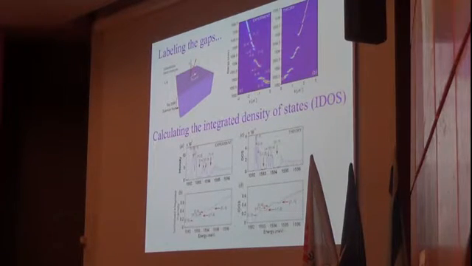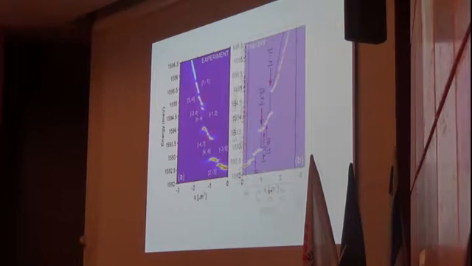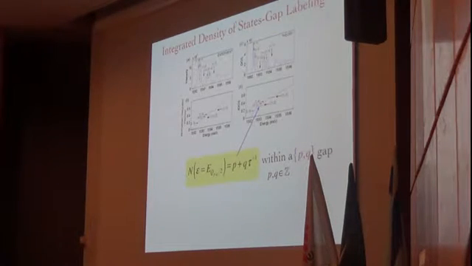Neat. So far so good. Follow? Very good. So now the beautiful result for the Fibonacci chain is that you can label those gaps, those plateaus, with 2 integers, p and q, according to this expression, which is extremely simple.